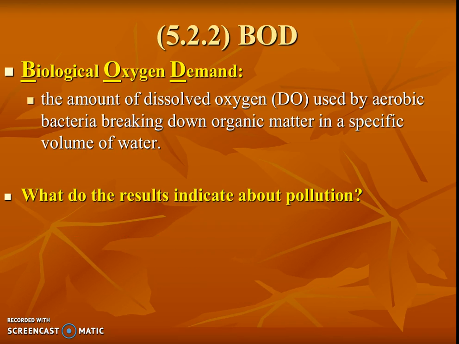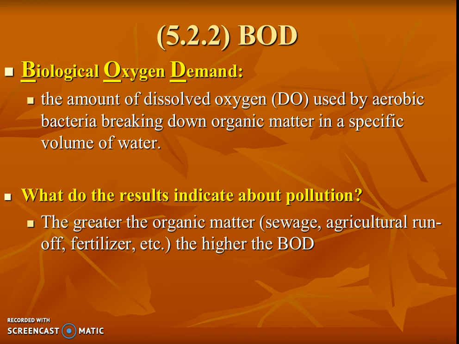So what do the results tell us about the amount of pollution, since this is an indirect method? Well, they'll tell us if there was a lot of organic matter around. This could be due to sewage or agricultural runoff or fertilizers. If there's a lot of organic matter, that's going to cause a lot of biological oxygen demand because the bacteria will have a feast on all the dead yucky stuff.